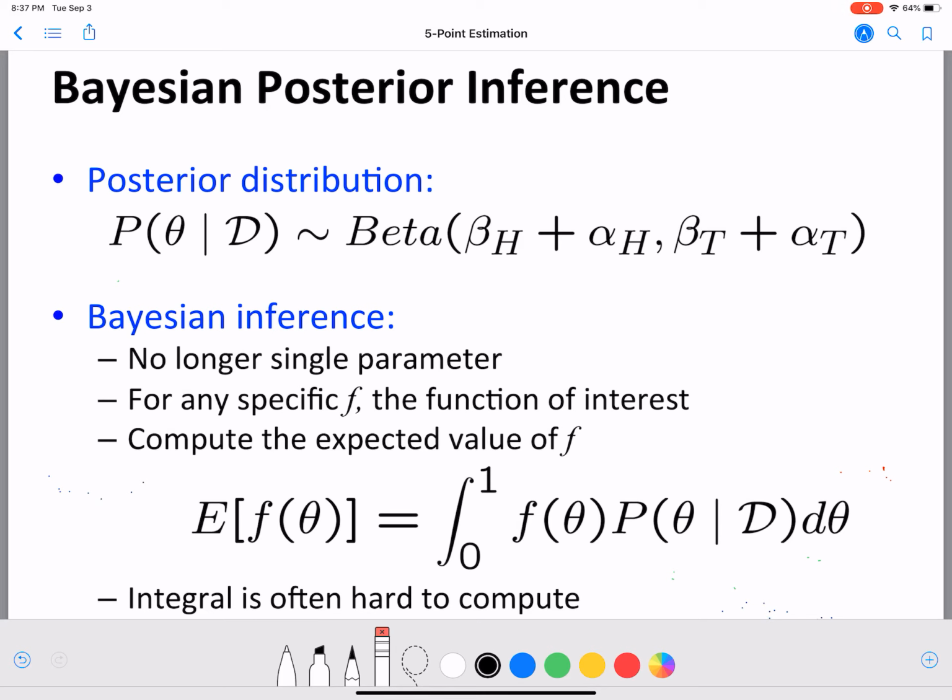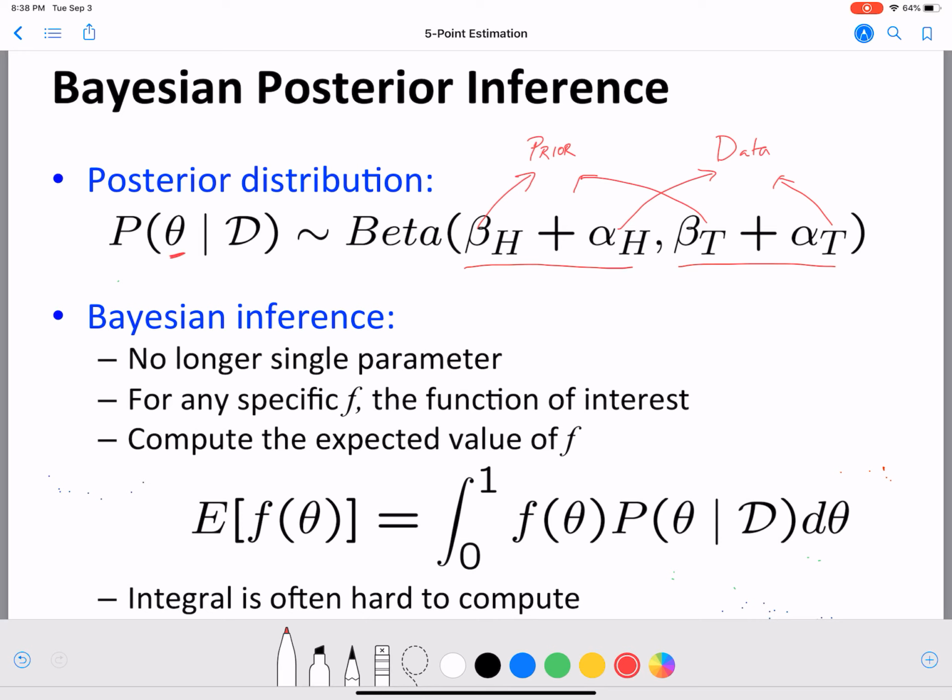So the posterior distribution is a beta distribution with parameters beta h plus alpha h, beta t plus alpha t, where beta h and beta t come from the prior, and alpha h and alpha t are the number of heads and number of tails respectively.